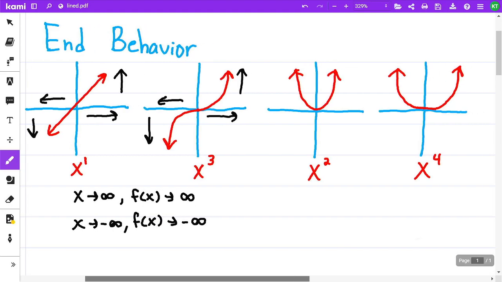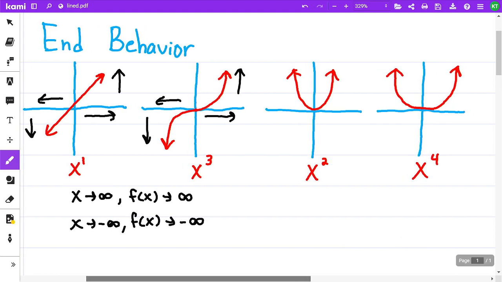So again, with x to the power of 2 and x to the power of 4, as our x approaches infinity for both of these, or as our x goes to the right, we are approaching positive infinity because we're going up on the right. So we'll say as x approaches infinity, f of x also approaches infinity.